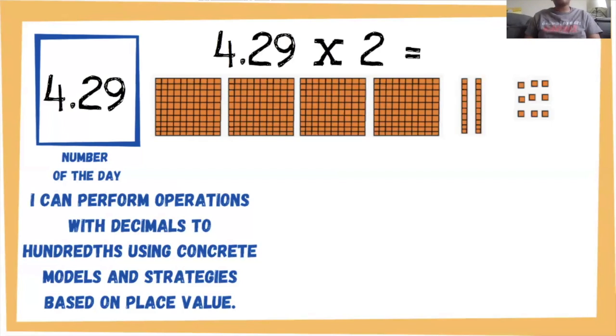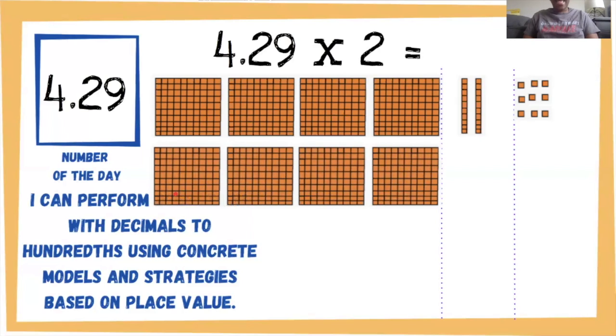And so if I'm multiplying by 2, it just means that I'm going to have 2 groups of 4 and 29/100. And so I'm going to double my 4 wholes as well as my 2 tenths and my 9/100.